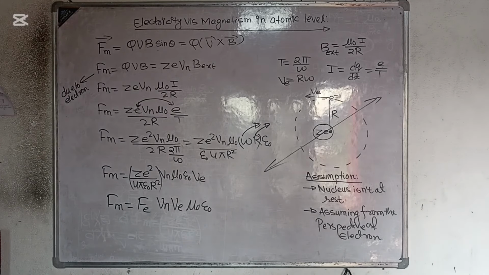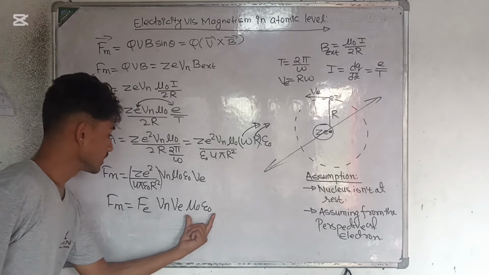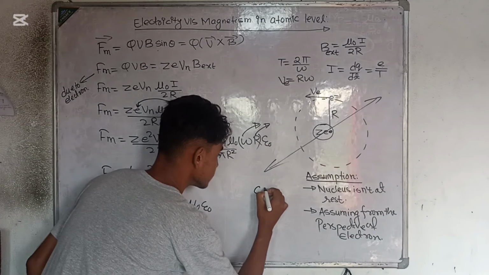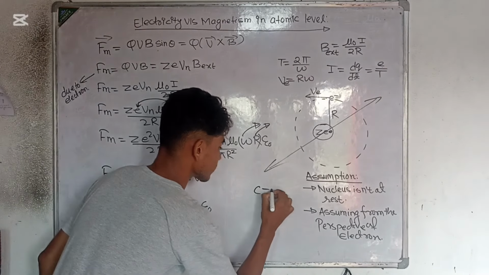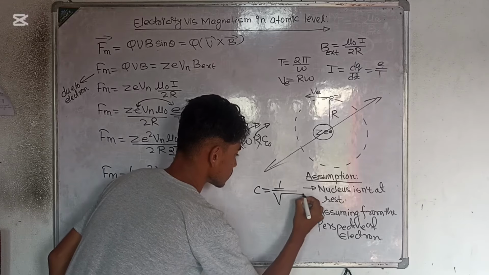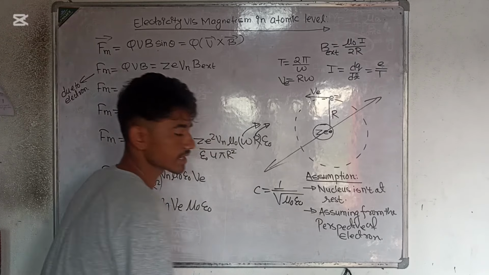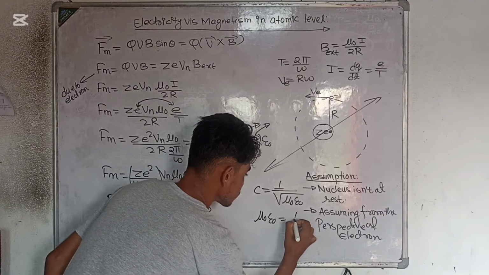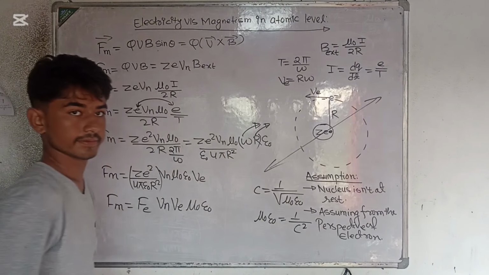Let me see here, right? And this mu 0 epsilon 0 is a constant quantity, and you know the formula: the speed of light can be calculated as 1 over the square root of mu 0 epsilon 0, right? So you can write mu 0 epsilon 0 as 1 over c squared.